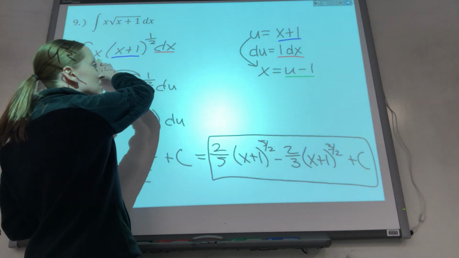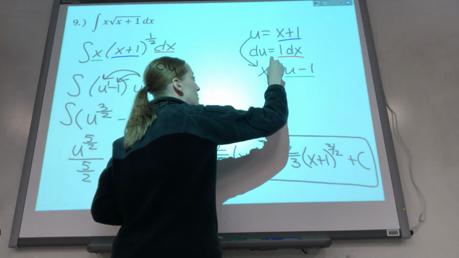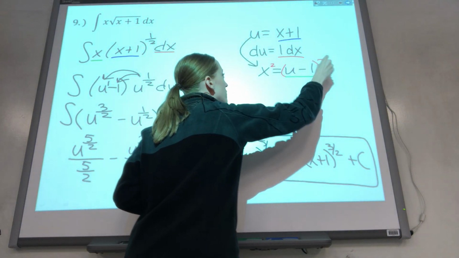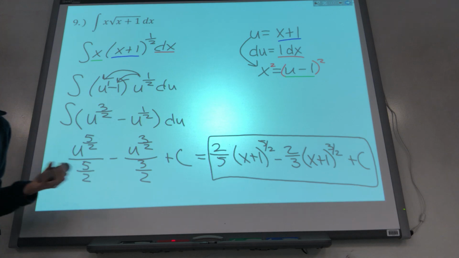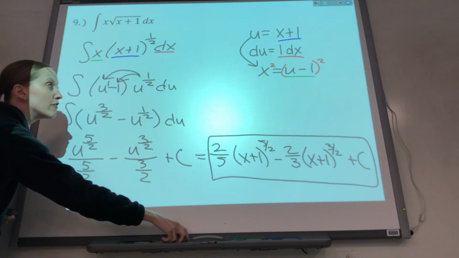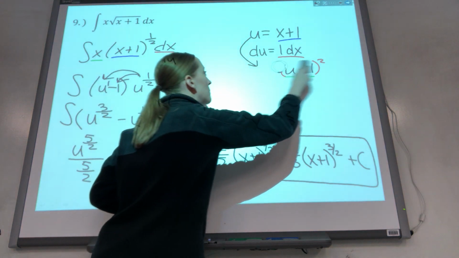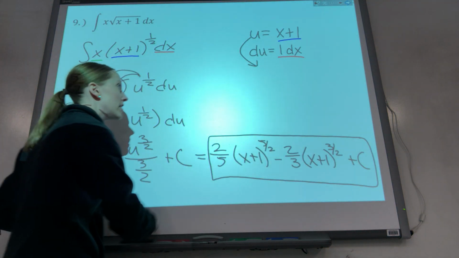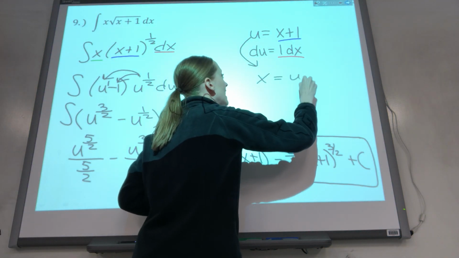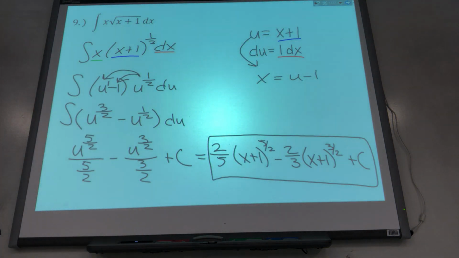If this was an x squared, then I would just square both of those. And then that would give me whatever that is foiled. That would give me what I need right there. I'm going to erase that because that's not really what we did. Any questions about number 9? Change of variable. It's going to be on there.